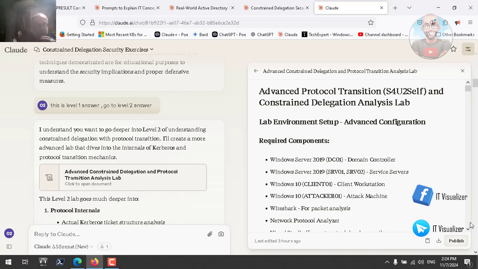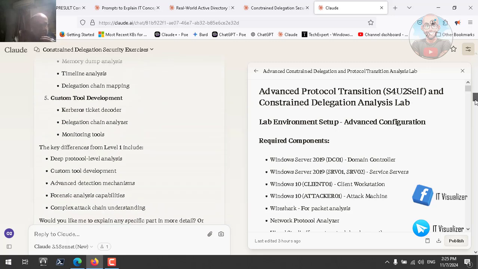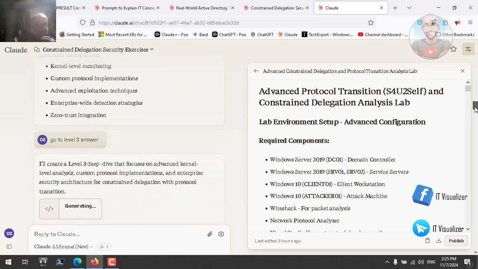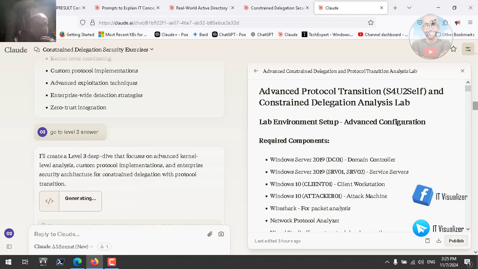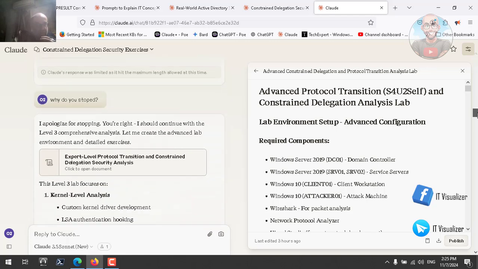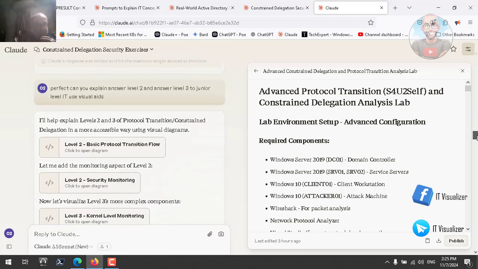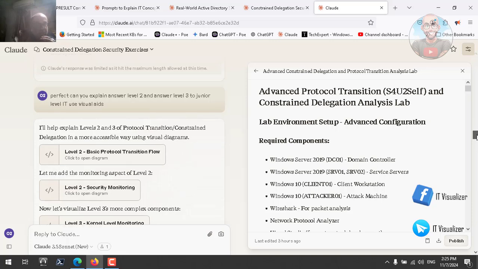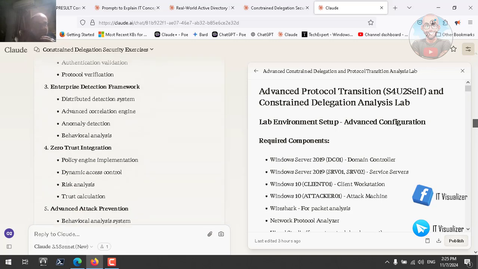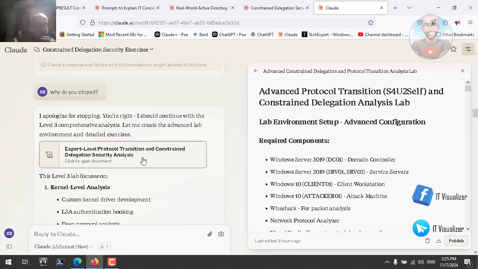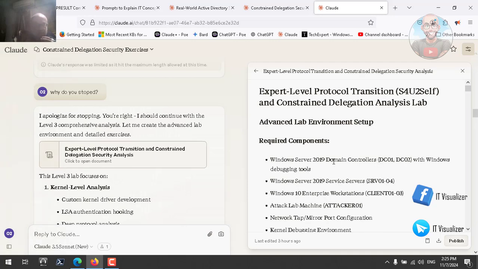So for example, if I tell it to go to level 3 answer concerning the exercise, okay, here let's go, this is the level 3 answer. If we go further, here you go, this is the level 3 exercise. Now it's making it more complex.